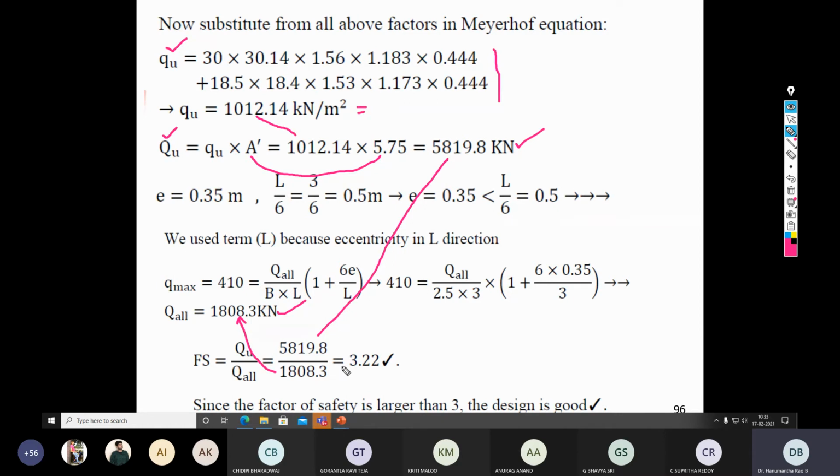Increasing the dimensions of the footing. Yes, one of the options is to increase the geometry of the footing, maybe length or maybe width, whichever is more effective. Based on your understanding, if you look at this equation, you will easily understand: if I increase the width, what will happen to the bearing capacity?